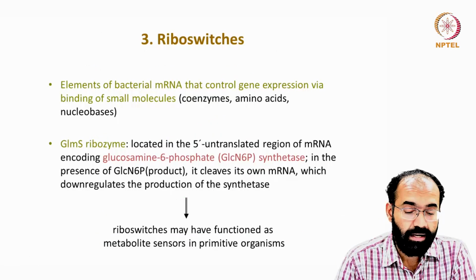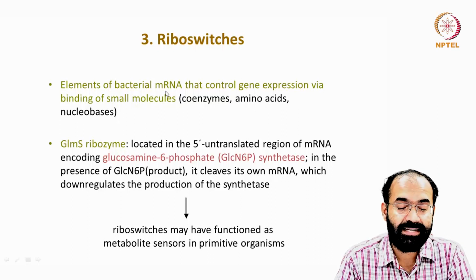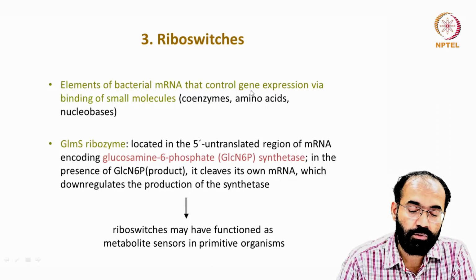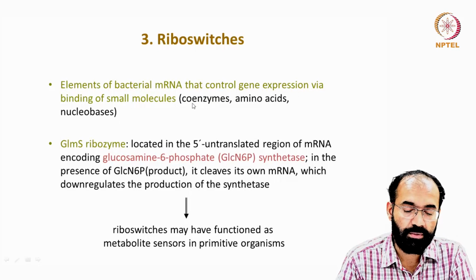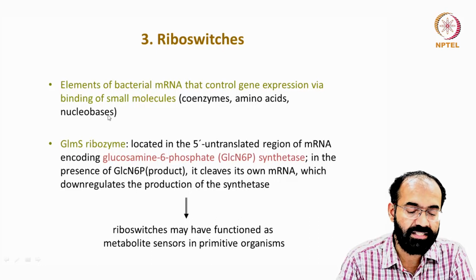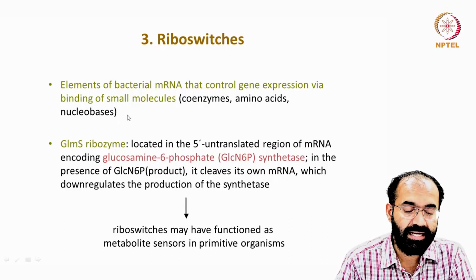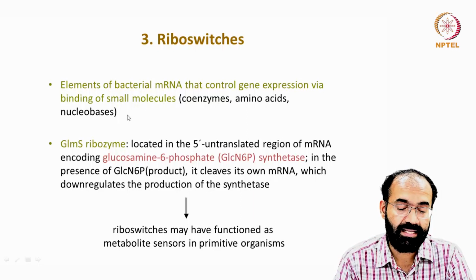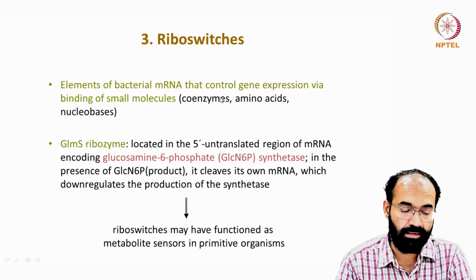Now moving on to riboswitches. Riboswitches are elements of bacterial mRNA that control gene expression via binding of small molecules such as coenzyme, amino acid, nucleobases. So they are sequences present in the bacterial mRNA. They are embedded inside, but they can control the expressivity of this mRNA.